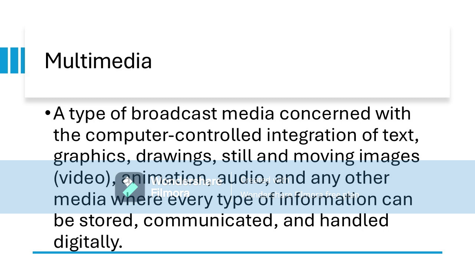Multimedia is a type of broadcast media concerned with the computer controlled integration of text, graphics, drawing, still and moving images, animation, audio, and other media where every type of information can be stored, communicated, and handled digitally.